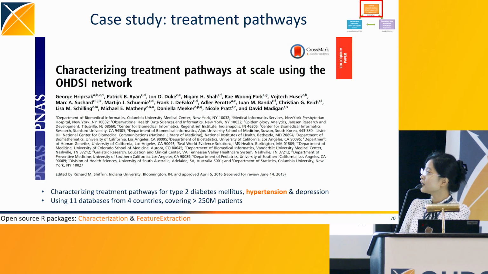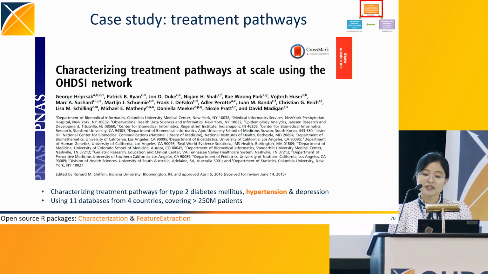So now here I'm going to very briefly go through a case study that's actually very relevant to our example study. You will notice if you look really hard that the first author is the same person. So George Hripcsak led a treatment pathway characterization study, which was published in 2016 to characterize treatment pathways for 3 diseases, including hypertension.